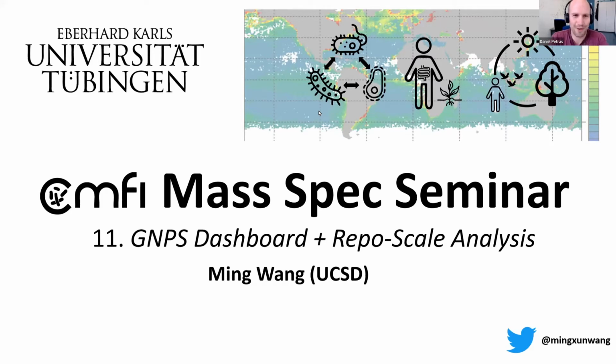Then he got fascinated by small molecules and computational metabolomics, which led him to do his postdoc in the lab of Pieter Dorrestein, where I was fortunate to overlap a little bit with Ming. Now I think Ming is on the jump to start his own lab very soon. Very excited and looking forward to what will come out of your lab.